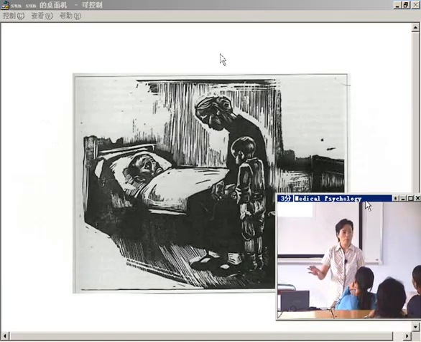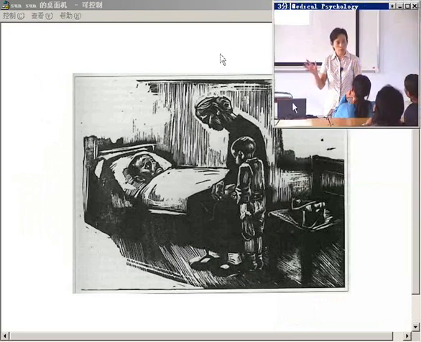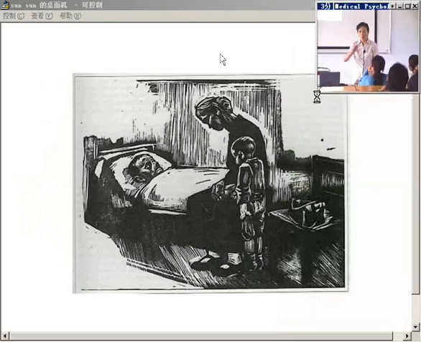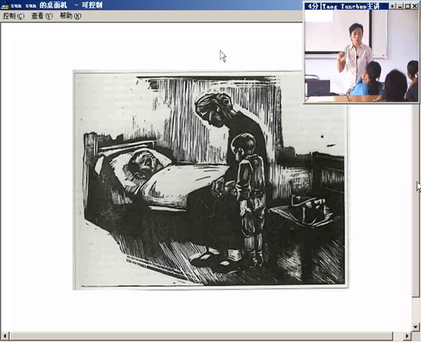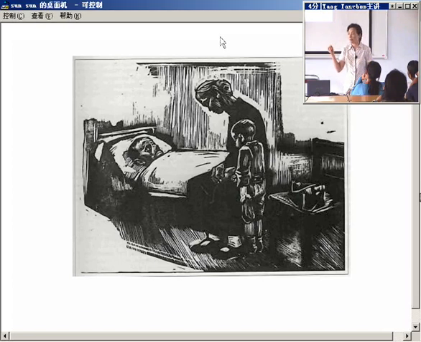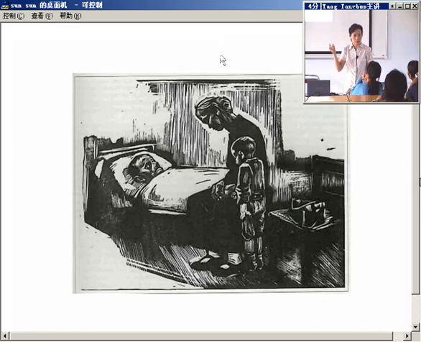This is a simple picture. This picture shows that in daily general hospitals, we have a lot of patients suffering from disease and hospitalization, and his family always gets sad, suffering, stress.